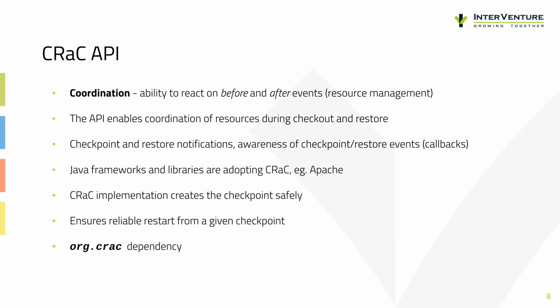So in general, the CRaC API, the Coordinated Restore at Checkpoint project, tries to non-disruptively introduce these two new phases in the Java application's lifecycle. Whatever is there now, we will have additionally before checkpoint and after restore. All major Java frameworks are currently adopting CRaC, like Apache libraries, but also Micronaut or Spring and Spring Boot as well.